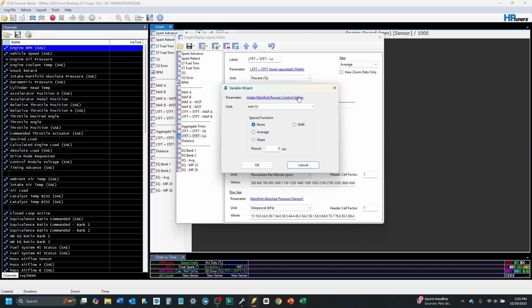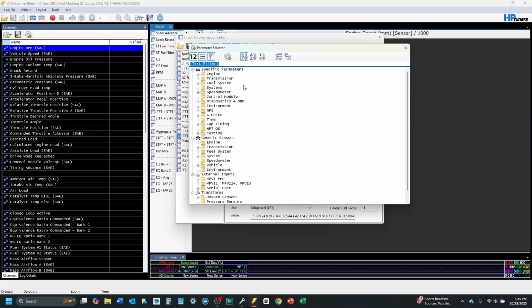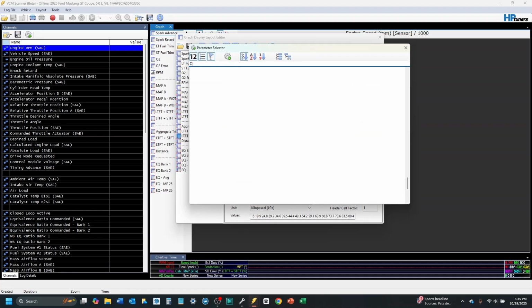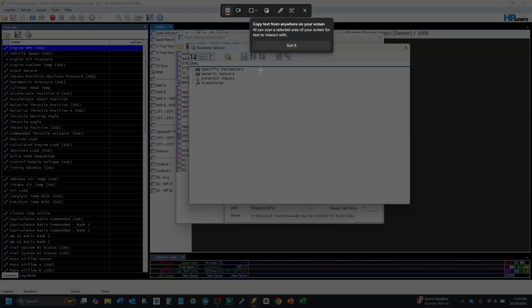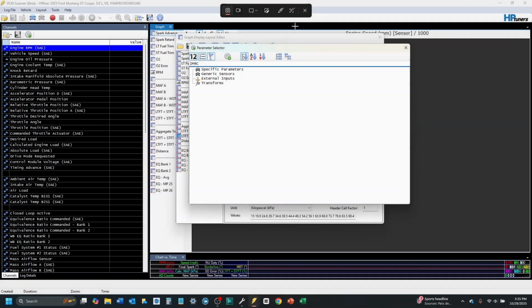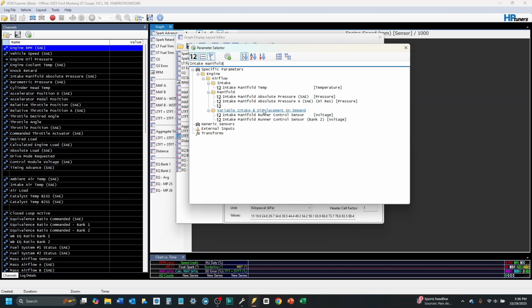This variable, the intake manifold runner control sensor, which is out there. Let's see. If I search, nope. Oops. Who knows what we're doing now? Okay.